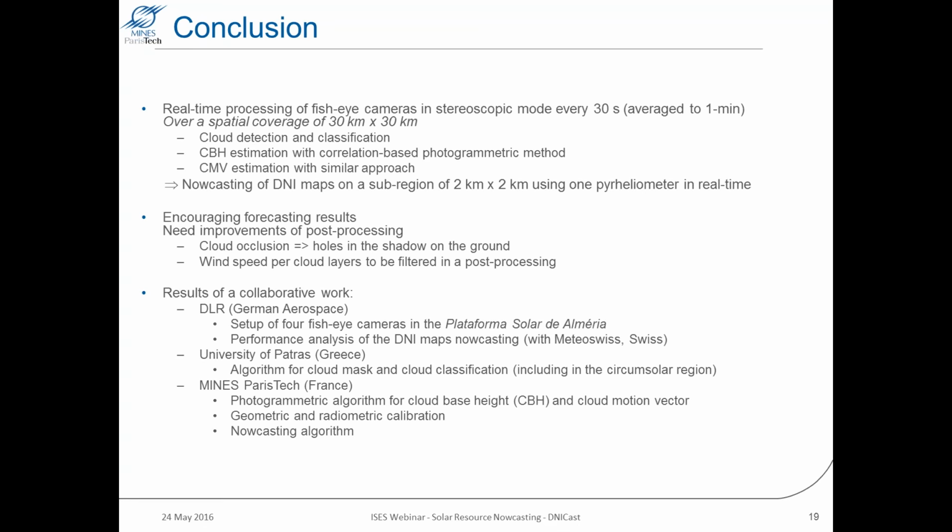The result I presented here is the result of a collaborative work. The German Aerospace Center set up the fisheye cameras for more than 2 years, and they will do the performance analysis of the DNI maps nowcasting with MeteoSwiss. University of Patras gave us the algorithm for the cloud mask and cloud classification, including in the circumsolar region, and we did the photogrammetric algorithm for cloud-base height and CMV estimation, the geometric and radiometric calibration, and the nowcasting algorithm.